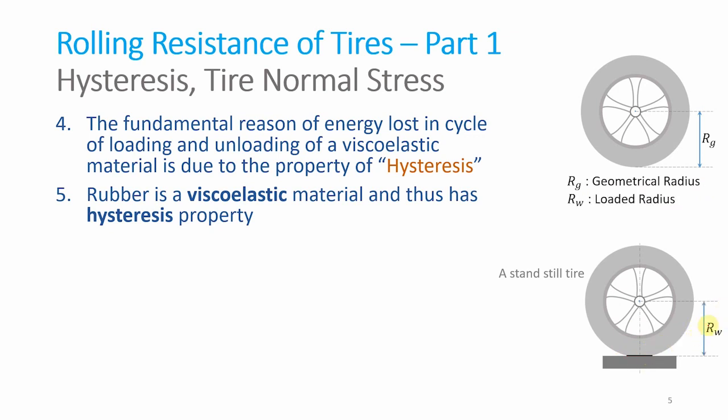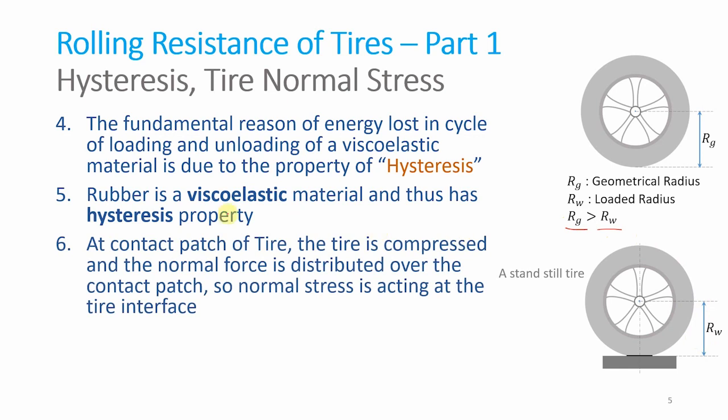Due to this deformation, the radius Rg reduces to Rw, which is the loaded radius due to weight W. So Rg is greater than Rw, obviously. So at the contact patch, the tire is compressed and the normal force is distributed over a contact patch. So normal stress is acting at the tire interface.